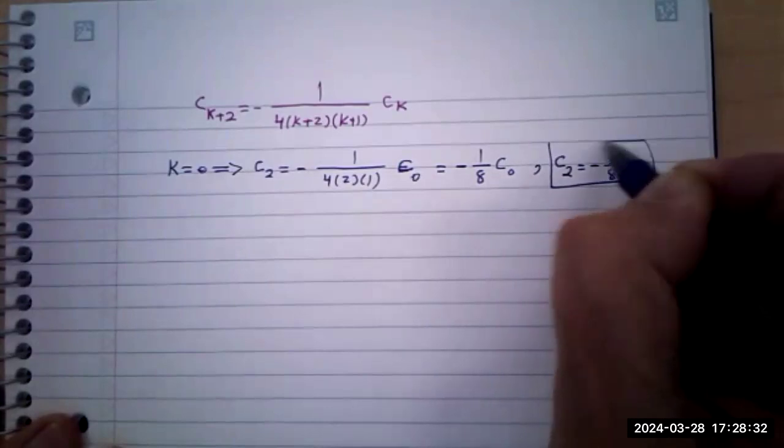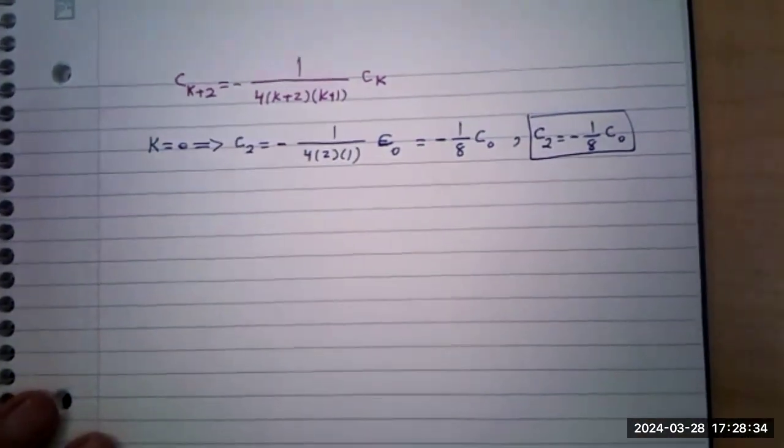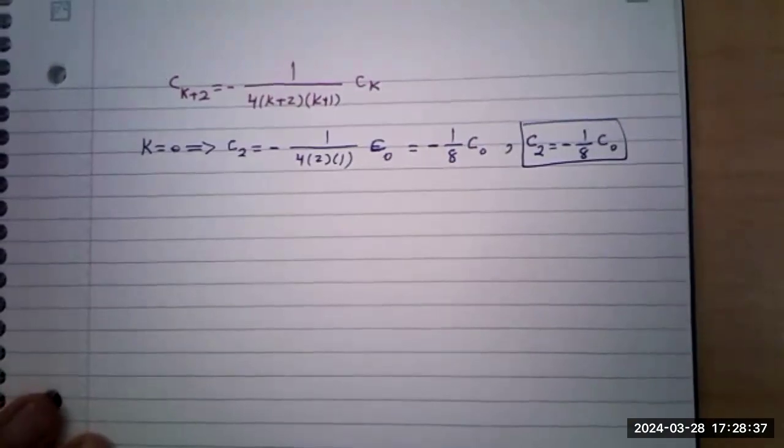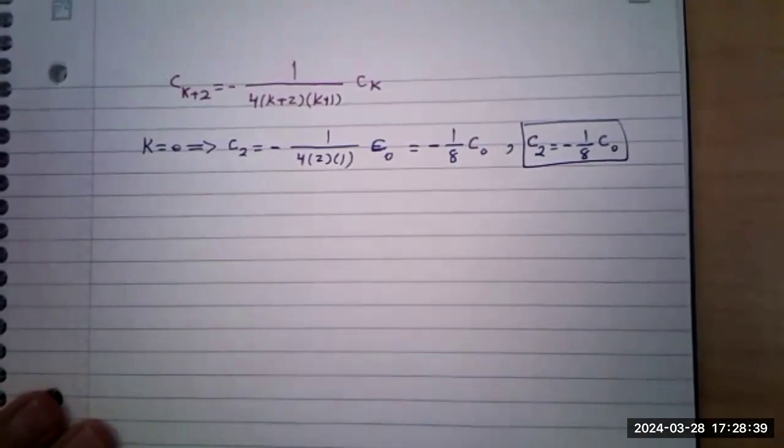Remember, you can have two constants, so it doesn't matter to have the c_0 at the moment. There you are. Any question? Continue.